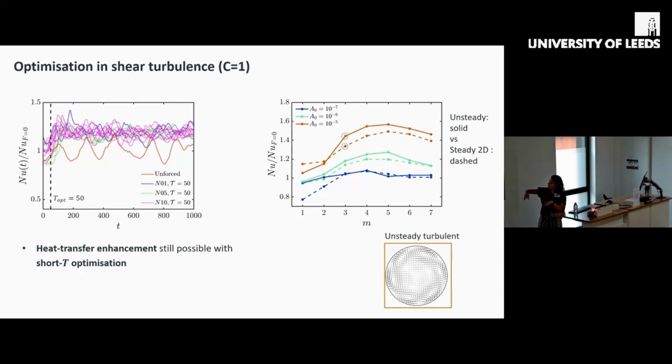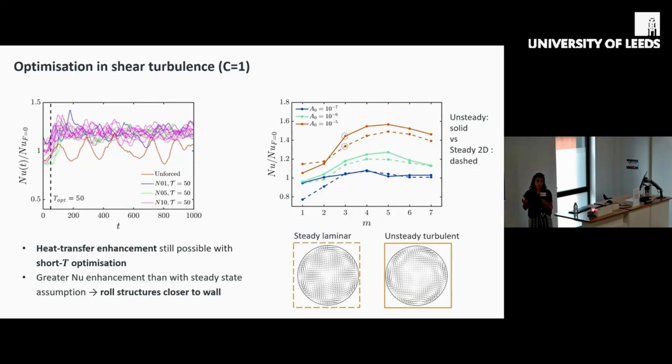This is showing the enhancement of Nusselt number, and solid is for our short time unsteady optimization, and dashed is for the steady one. So we see that particularly for higher amplitude of the forcing, A naught, we can get a larger heat transfer enhancement compared to optimization done with the steady flow assumptions.